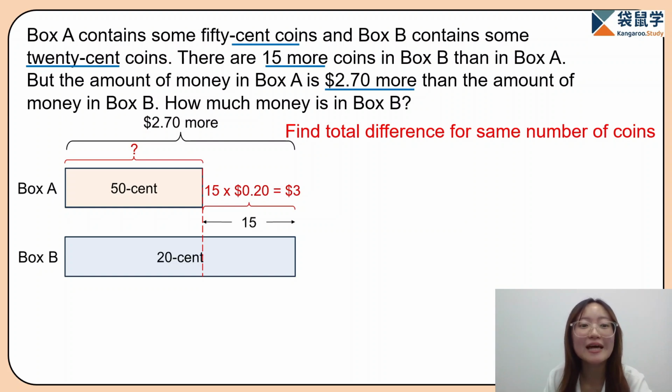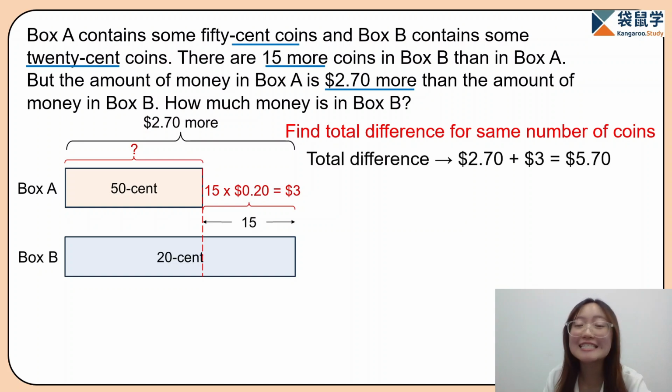It seems that box A is lesser than B by $3, but it is still $2.70 more than B. So what is the total difference? It is actually $2.70 plus $3 and that gives us $5.70.